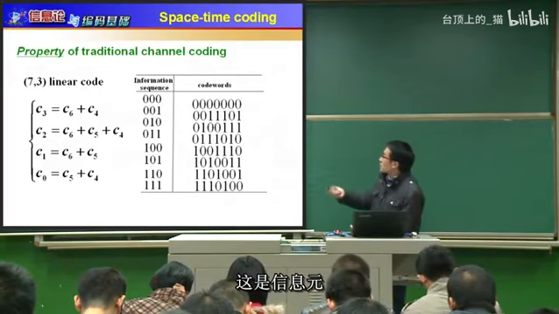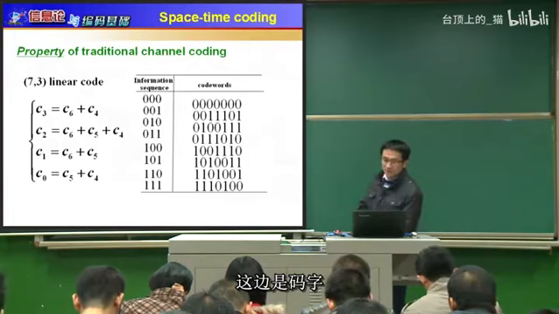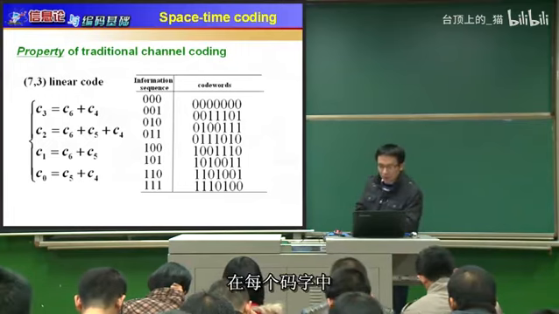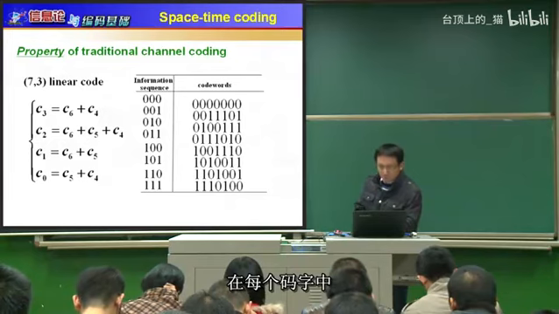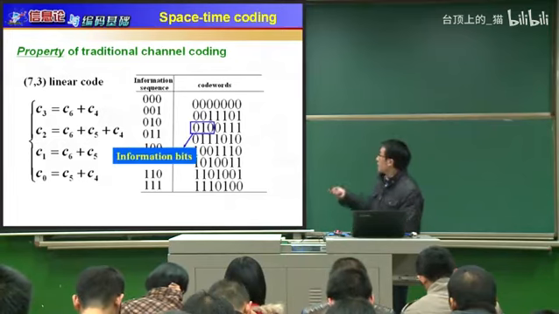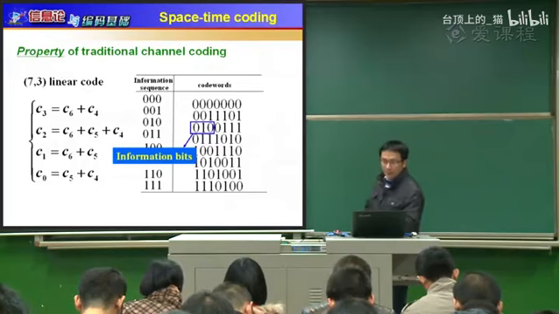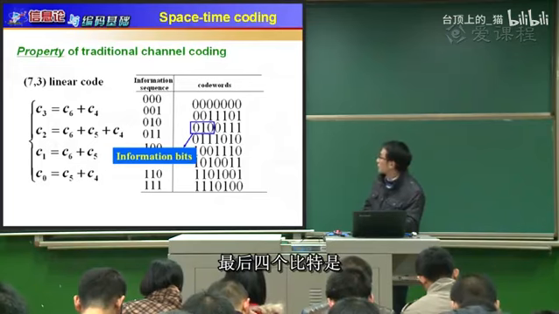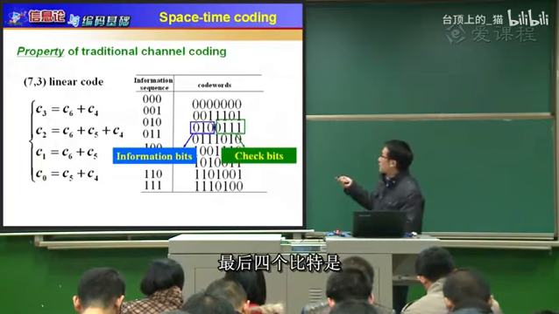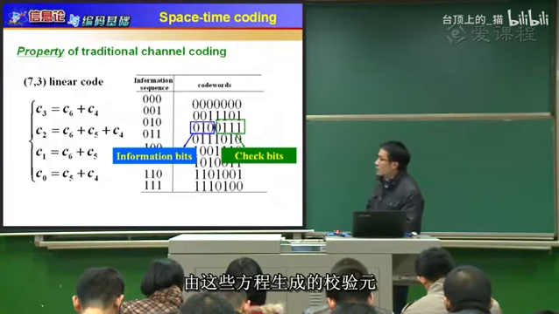This side is the information sequence, and this side is the code words. We can see for each code word, the first 3 bits are the information bits, and the last 4 bits are the check bits, which are generated by these equations.